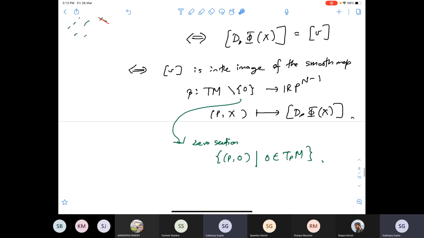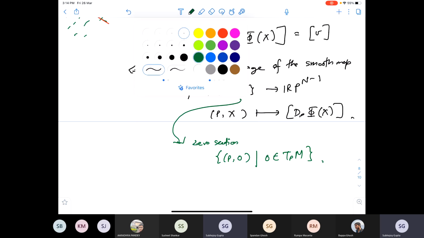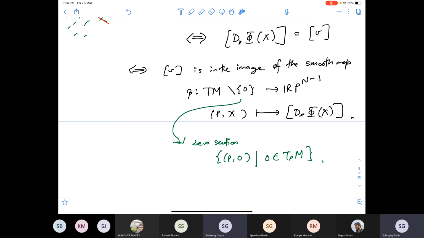Now, what are the dimensions? Again, we can apply Sard's theorem. We know that the tangent bundle TM is a 2n dimensional manifold, and you're throwing out the zero section, which is a closed subset, so the remainder is an open submanifold of TM.